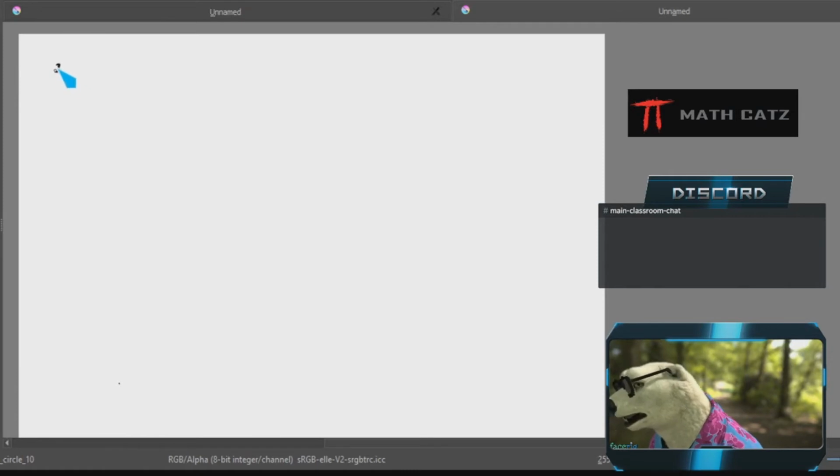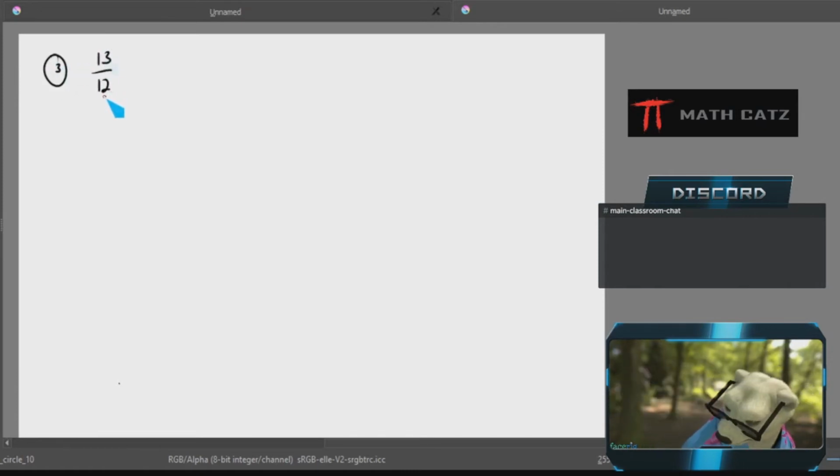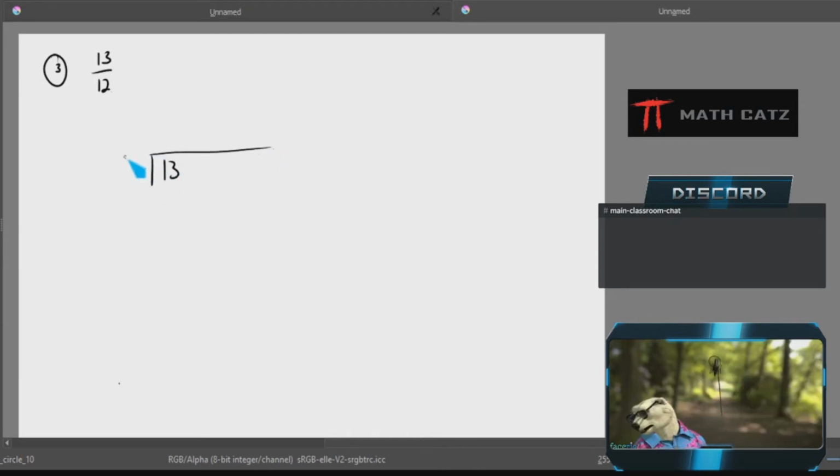This is number 3. 13 over 12. Now let's suppose we want to leave it like this. Instead of converting it to a mixed number first, maybe you don't even want to bother with that. It really doesn't matter what form the original fraction is in.